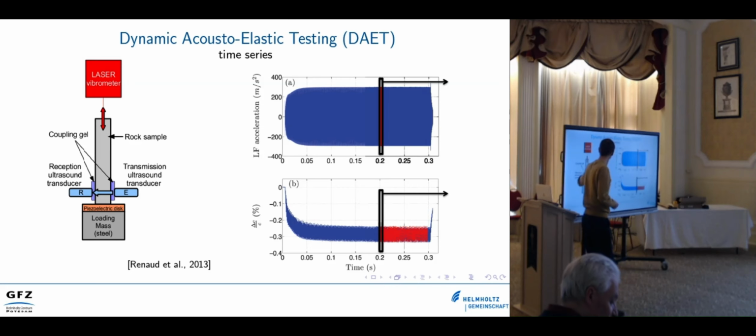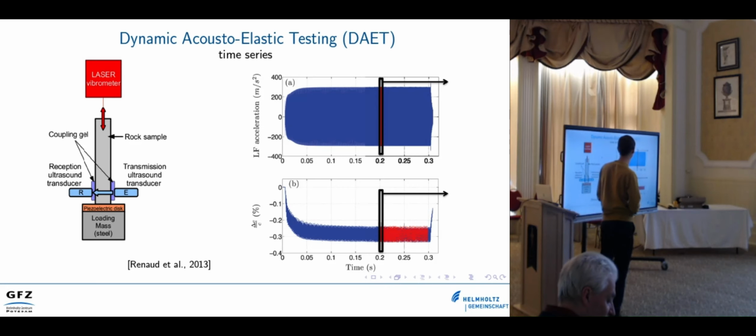In doing so, you can actually measure the sound velocity while the sample is oscillating. So we can measure the velocity change during each individual cycle of the low frequency resonant oscillation that we have in the lateral direction.